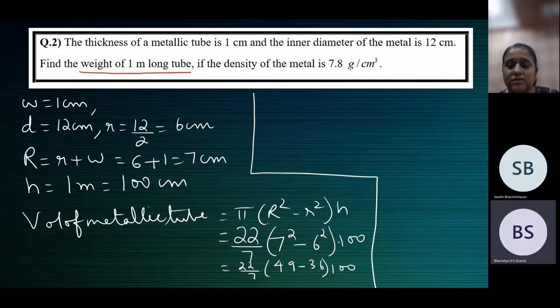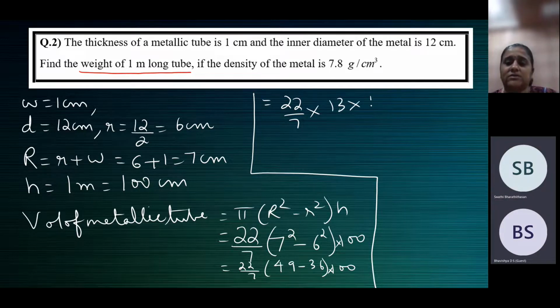Please continue below this, I don't have place to write here. 22 by 7 into what is 49 minus 36? 13, into 100.